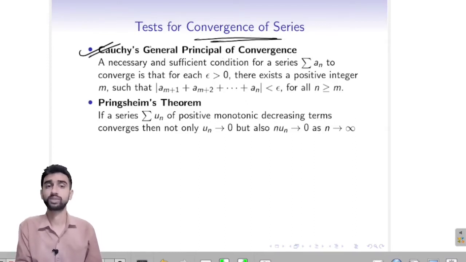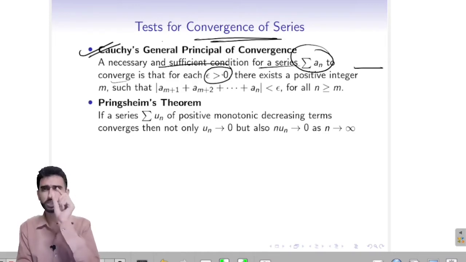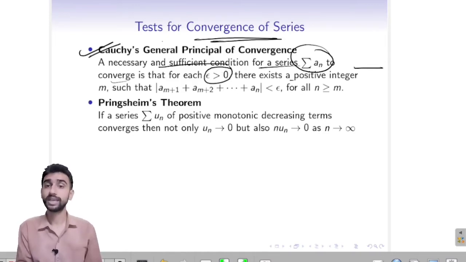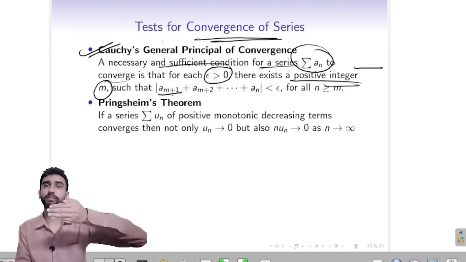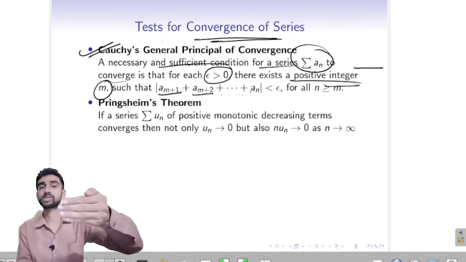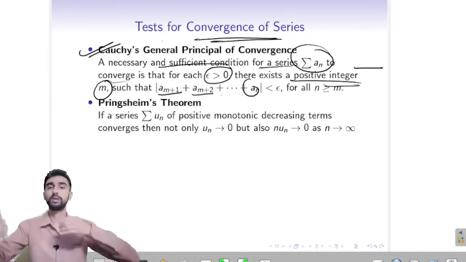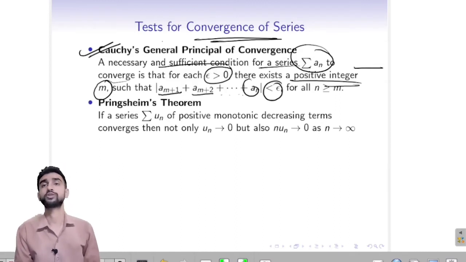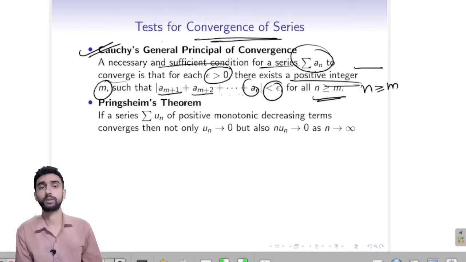It says: a necessary and sufficient condition for a series an to converge is that for each epsilon greater than 0, however small a number you want, there exists a positive integer m such that the sum am plus 1 plus am plus 2 plus, up to an, is less than epsilon, for all n greater than or equal to m.